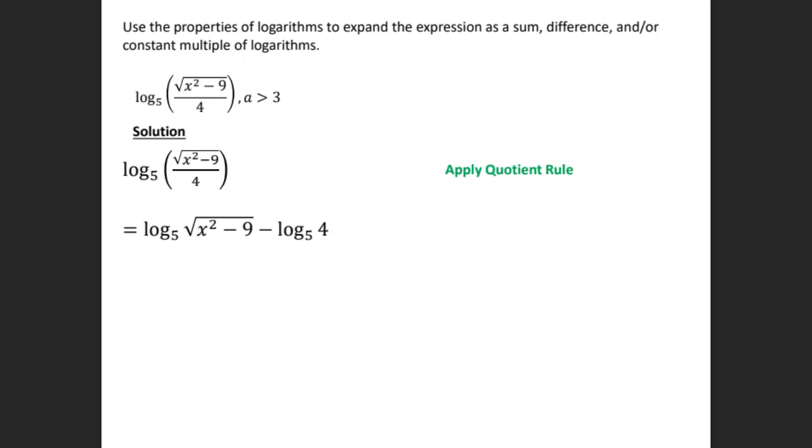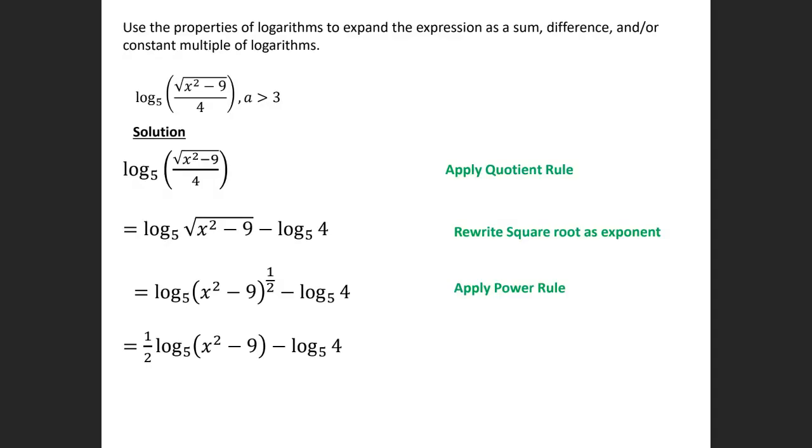Oh, but I can rewrite the square root as an exponent. So let's go ahead and do that. Let's rewrite the square root as the power of 1/2. So now I can apply my power rule. So this is going to give me 1/2 times the log of base 5 of x squared minus 9 minus the log of base 5 of 4.